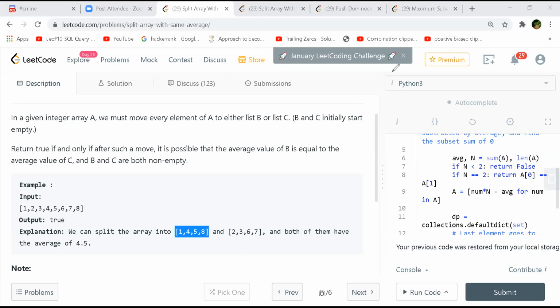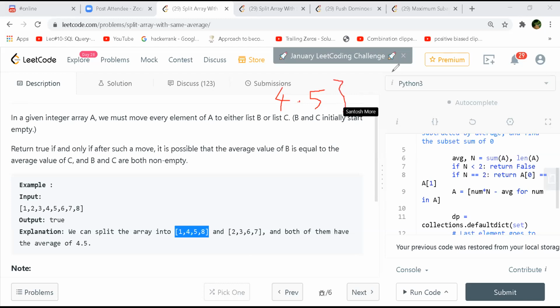If you look at the whole array, the average is 4.5, which is a fraction, so we need to find a number which will be an integer value.